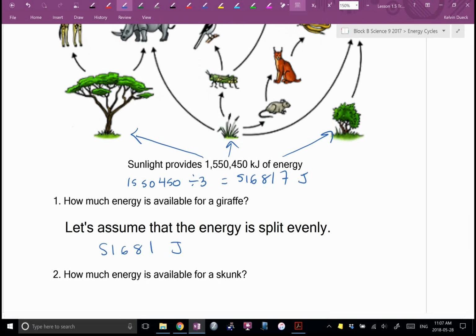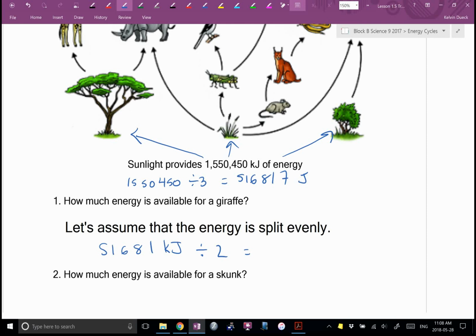Where did the giraffe and the rhino split? Would it be divided by 2? Ah, so now we're having to make other assumptions. You can see how complex this gets really quickly. And it's kilojoules, you're right. It's 1,000 joules. So divide that number by 2.